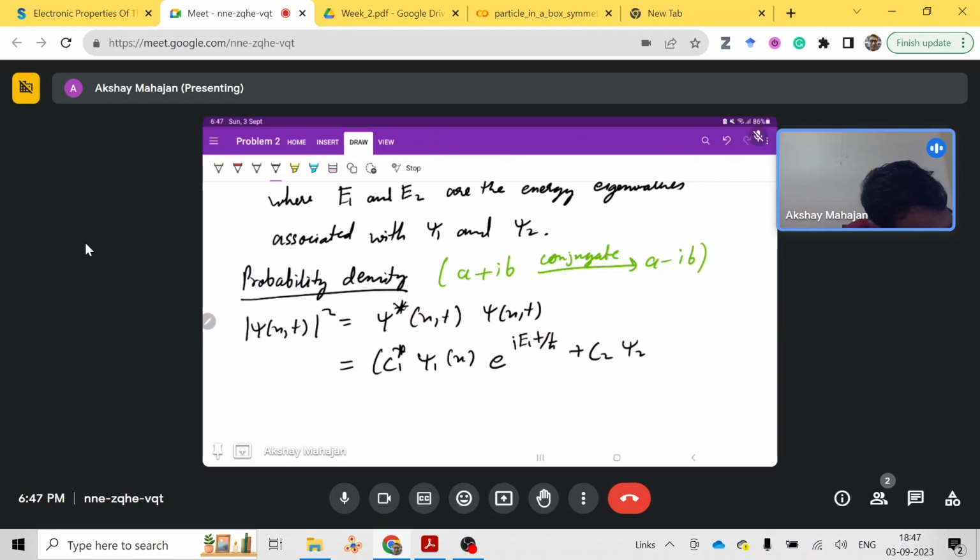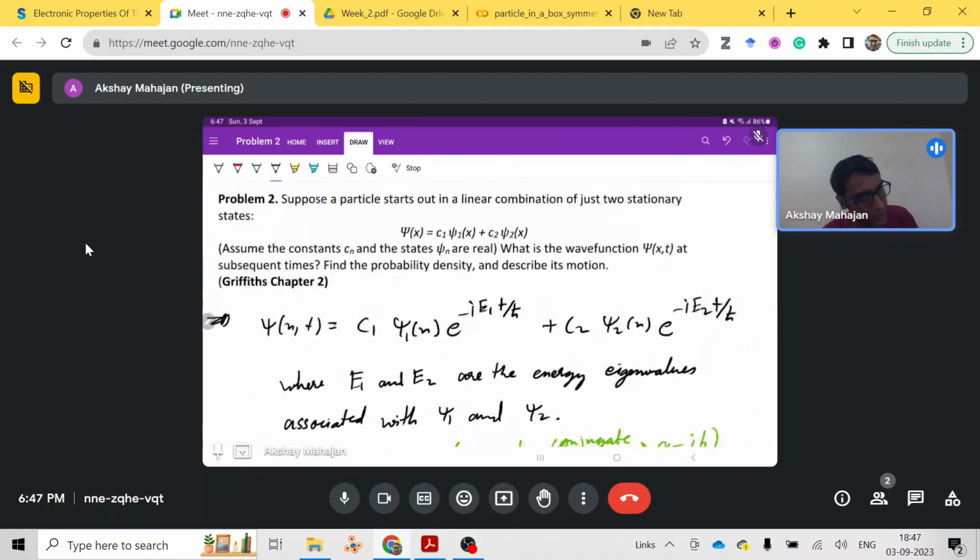Initially this is what you will have, and then we take the complex conjugate of all of this. I am not writing the x dependence of psi 1 and psi 2 now. The complex conjugate is c2 star psi 2 star e to the power plus iota E2 t by h cross. I have taken the complex conjugate of everything.